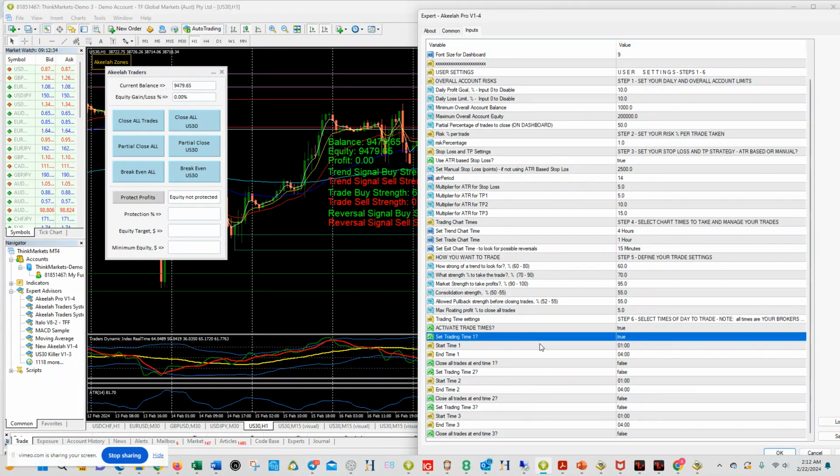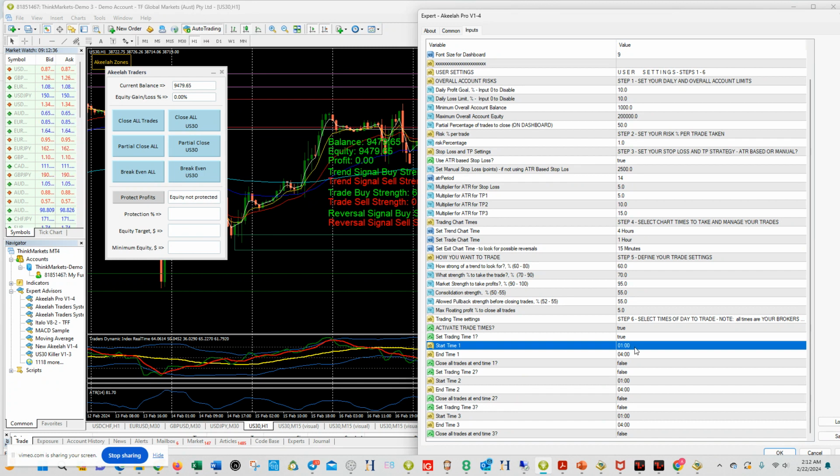I can say for each one of those, what time do I want to start trading? These are all MetaTrader times. So if I'm trading US 30, that is a predominantly US market based pair. I typically trade US 30 between 5 a.m. and 11:30 a.m. Eastern Standard Time, New York time.